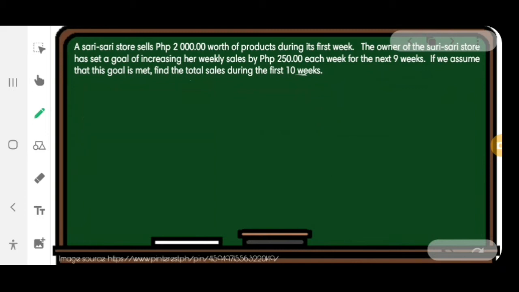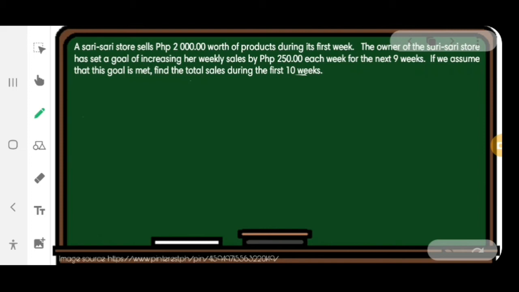The owner of the sari-sari store has set the goal of increasing her weekly sales by 250 pesos a week for the next 9 weeks. If we assume that this goal is met, find the total sales during the first 10 weeks.